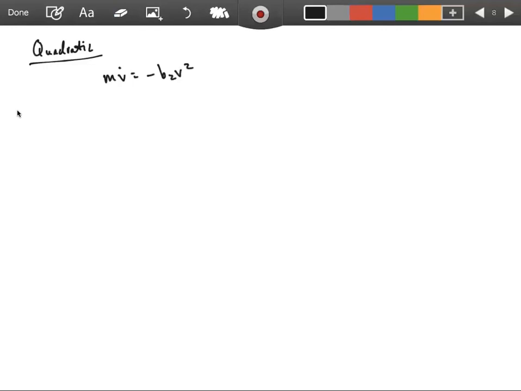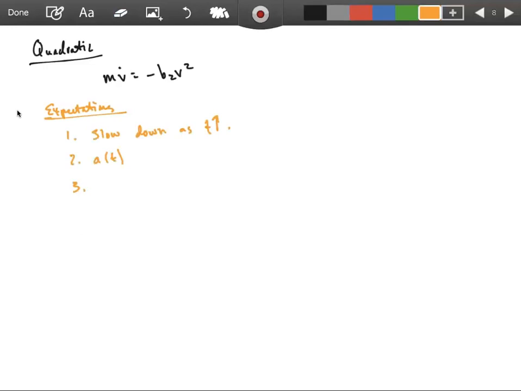Again, let's think about our expectations before we move on. Number one, this thing should slow down as time increases. Number two, that again means the acceleration should be time dependent. And then number three, this one is a little bit harder to say.